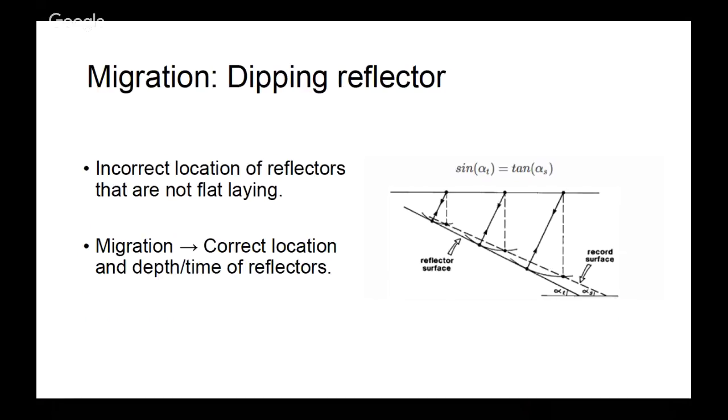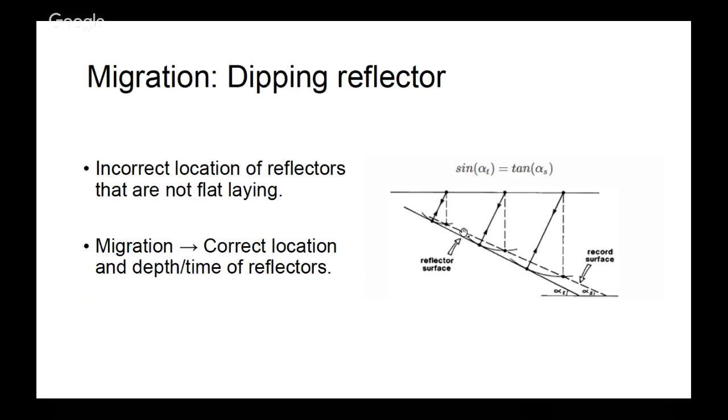So if we don't have a flat layer, like if we have a dipping layer, like is here in this picture, the point that we're reflecting off of and coming back to isn't directly under the source and receiver anymore. Because in order to hit that interface with a 90-degree angle, it has to be this pathway here. But the way our processing has treated it is as though it's right underneath it.